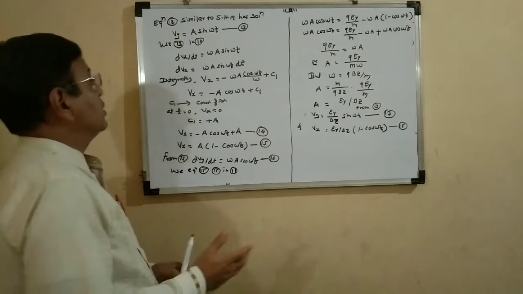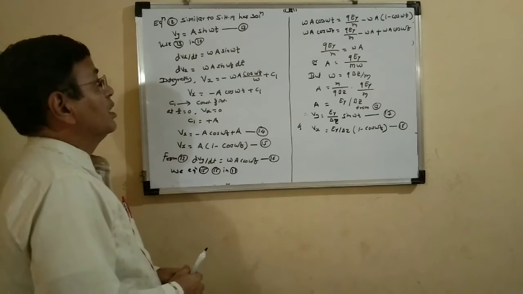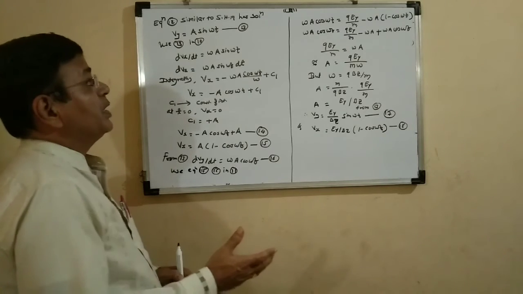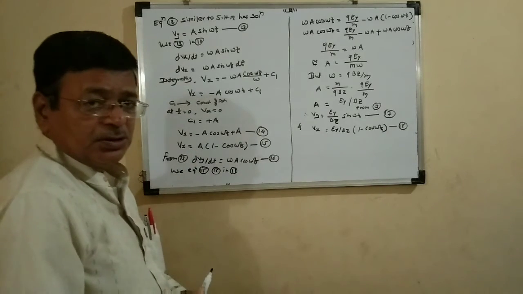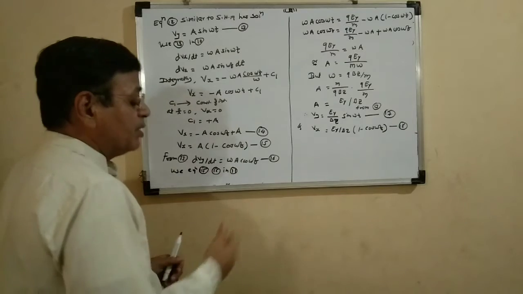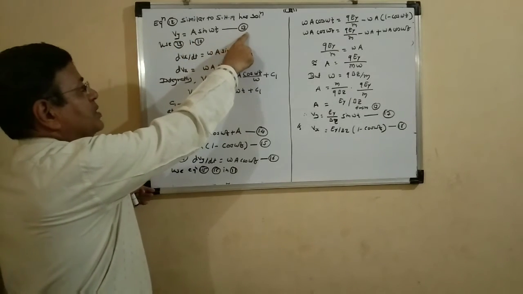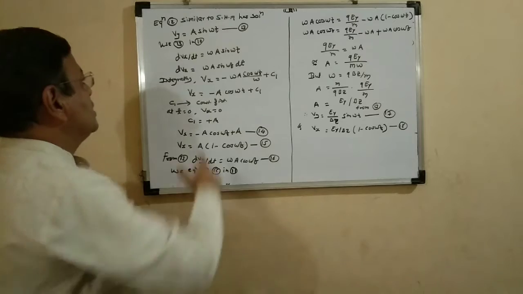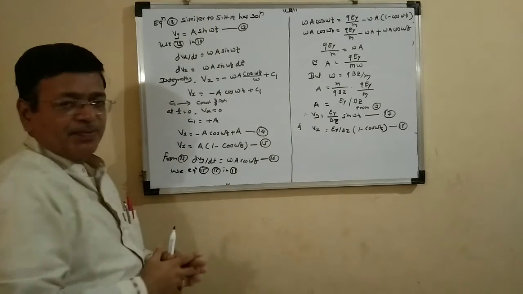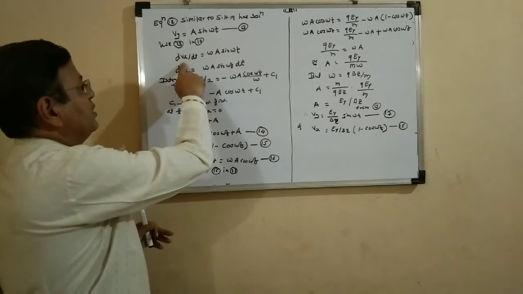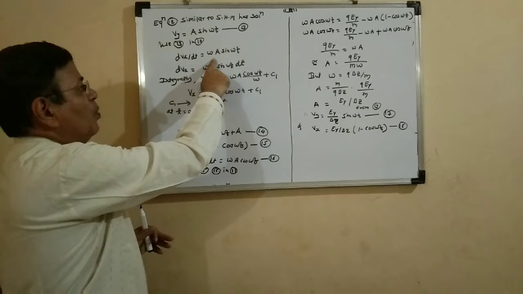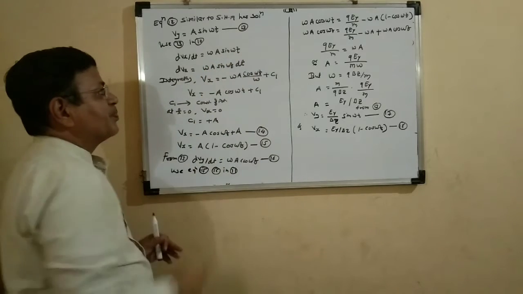So we get equation 12, which is similar to that of simple harmonic motion, and the solution of that equation is vy is equal to a sin omega t, call this 13. Using this 13 in equation 10, we get dvx by dt is equal to omega a sin omega t.